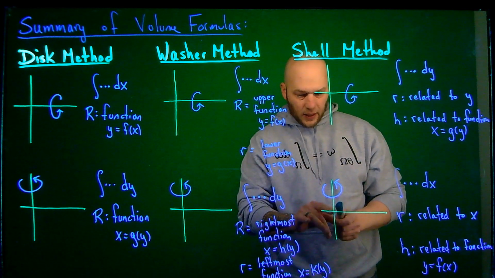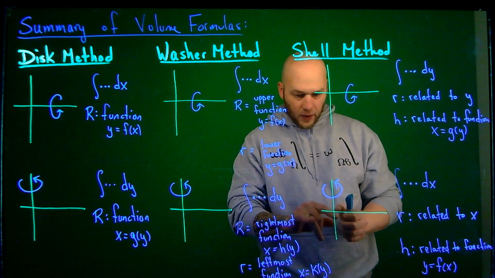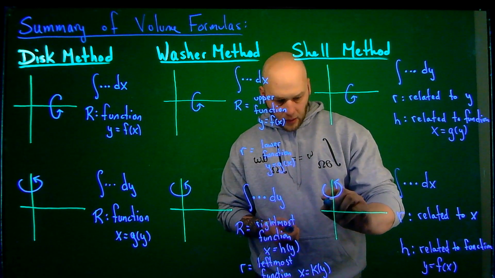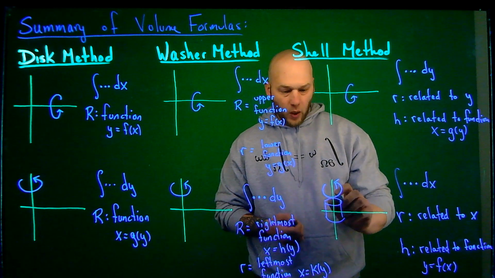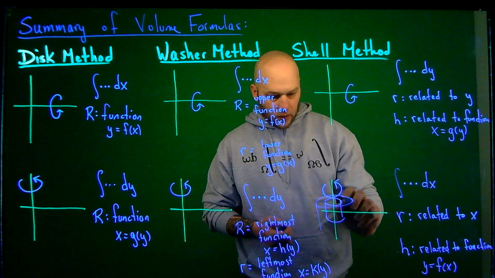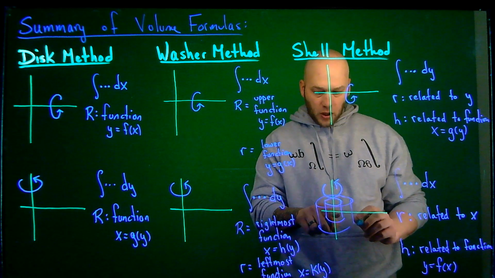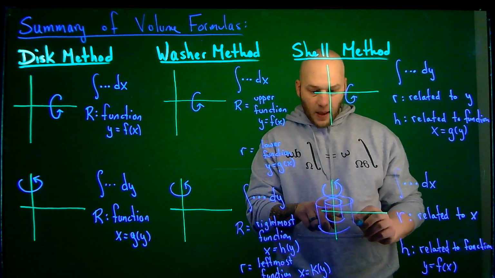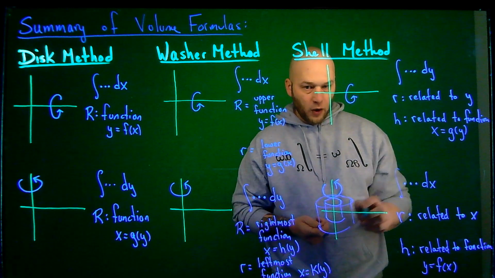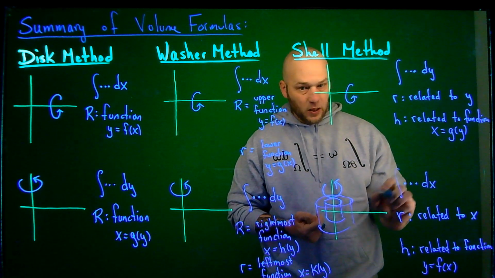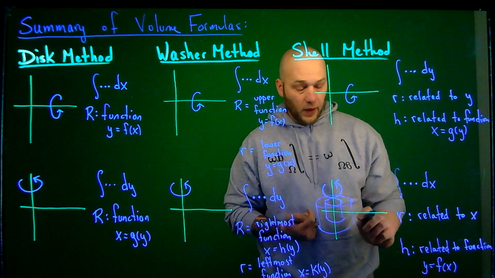Now, the idea is that let's say I have a can that is right here, or a shell that's right here, and then I take a bigger one. Notice that for each x value, I'm going to have one shell. That means that the variable of integration is going to be x because I have a shell for each x value.